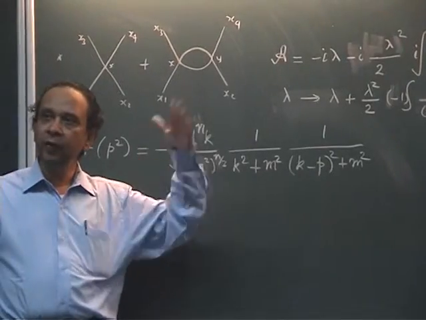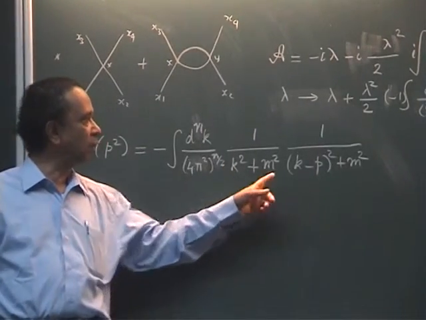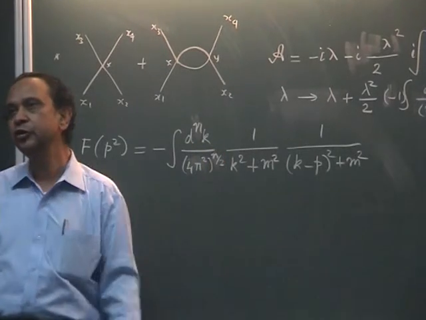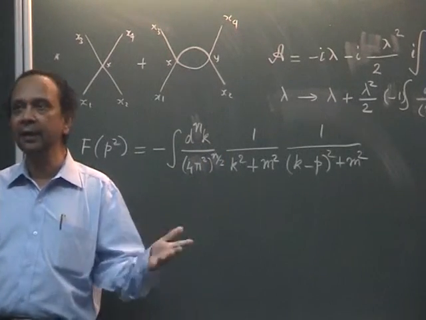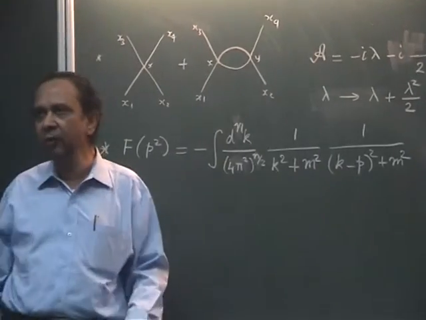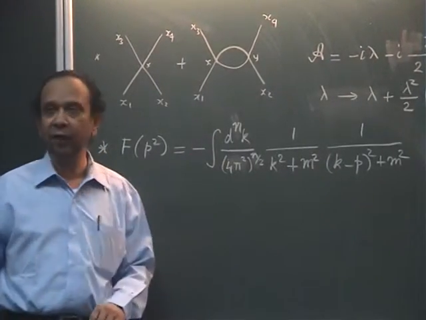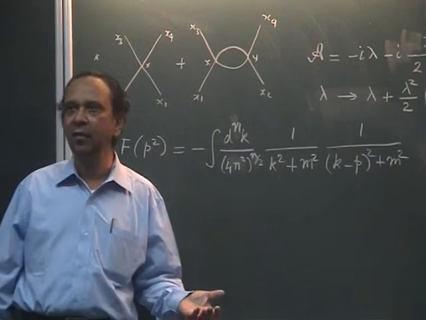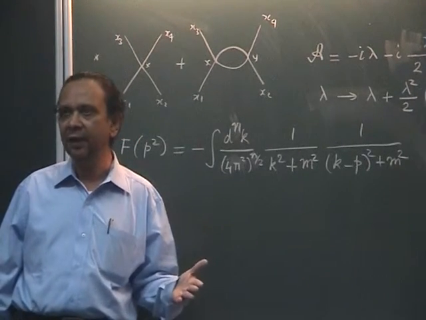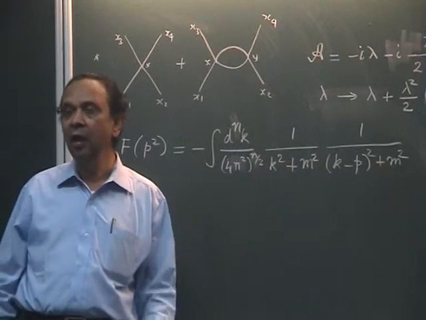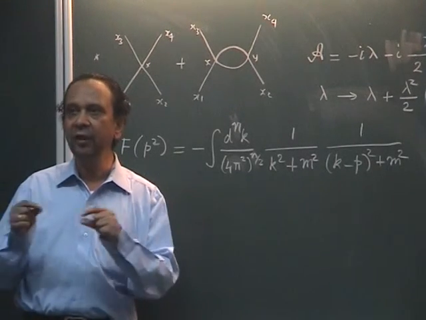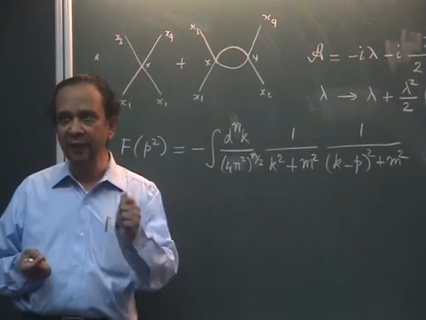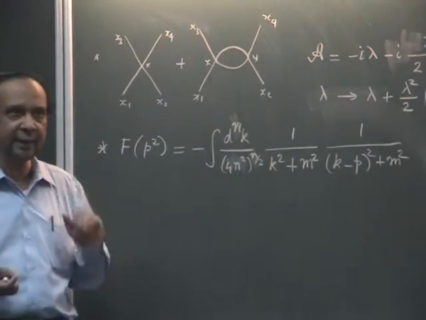And if you go to large values of k, it is going to go as 1 upon k to the power 4. So if you are looking at, for example, n is equal to 2, then the integral is convergent. So we won't bother too much about what value of n we are going to choose when you do dimensional regularization. The assumption is that there will be a range of n for which things are fine, and then we will analytically continue, or we will take the limits of n going to 4 right at the end of the calculation, where some terms will blow out and that can be isolated. So that is a trick.